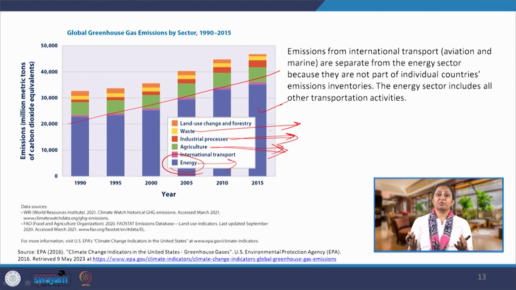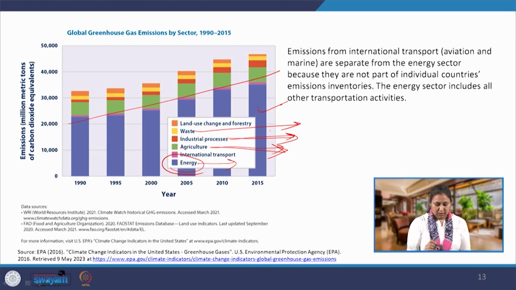It releases a lot of gases. So, methane, the dump yards, the waste yards are responsible for significant emission of methane. So, waste is another major source of greenhouse gas emissions.